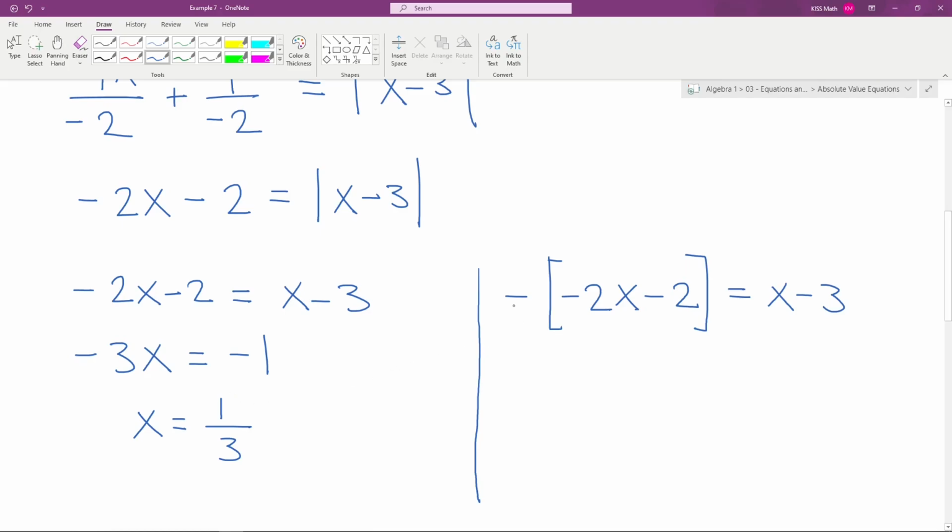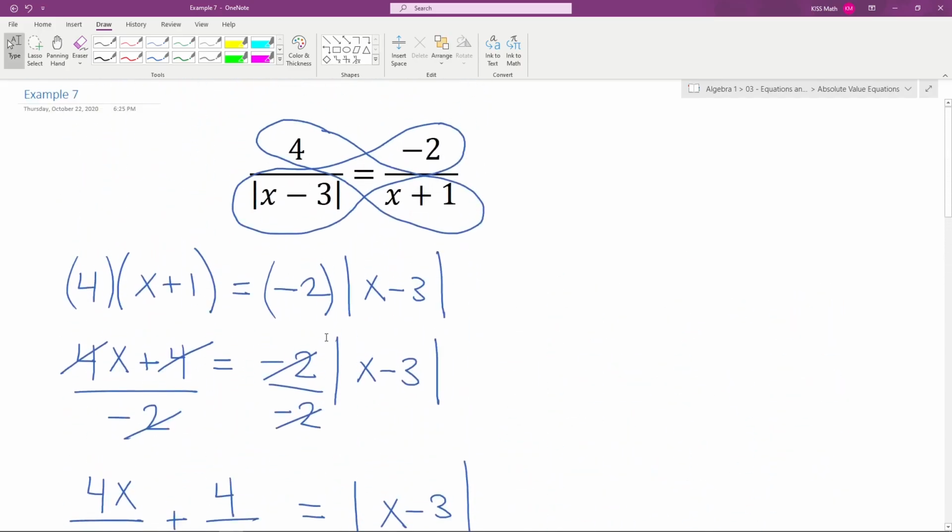Over here, I'm going to have to distribute this negative sign to simplify. So I'll just have 2x plus 2 equals x minus 3. Move the x to the left, so I get 1x equals negative 3 and then minus 2, so that's minus 5. So those are my two solutions, potentially.